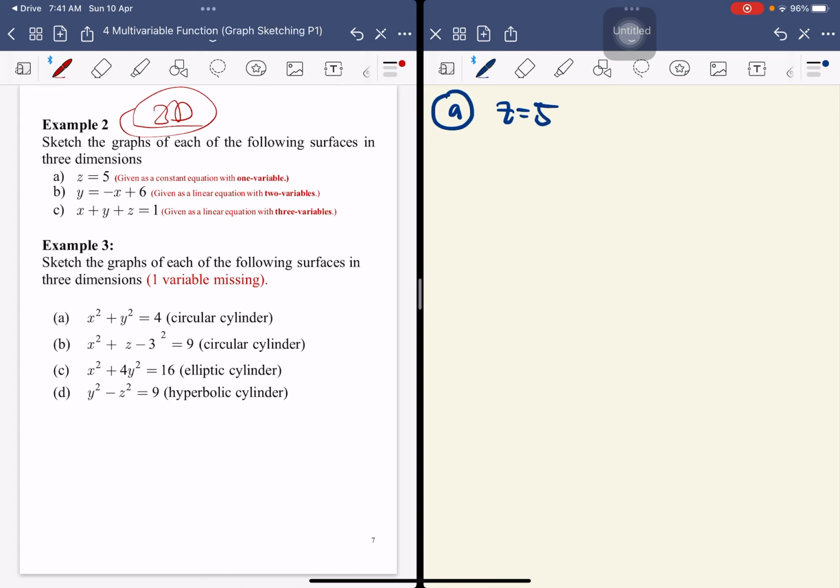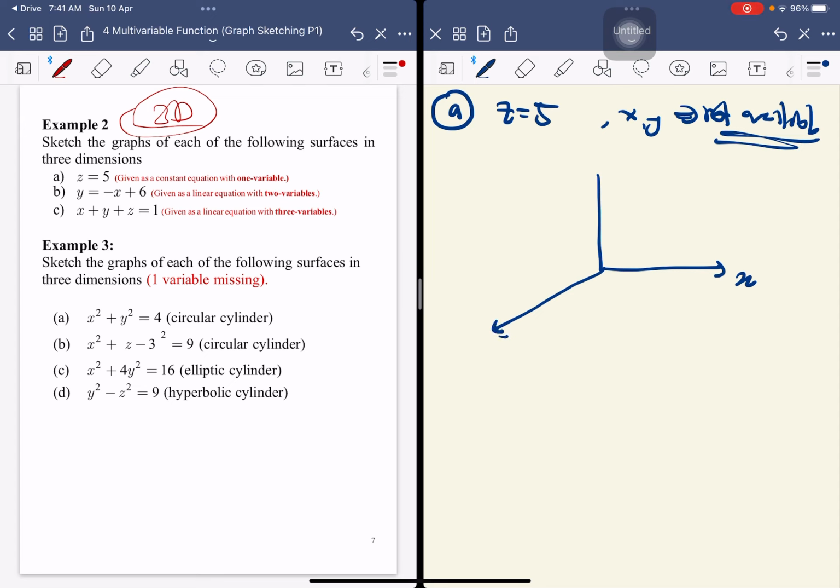Whenever we have a constant equation with one variable only, it means that we are missing, in this case, x and y. So x and y are not available. If they are not available, we can assume that they can be any values. If we sketch in 3D, you have x, you have y, and then we have z. So we know that z equal to 5 is somewhere here.